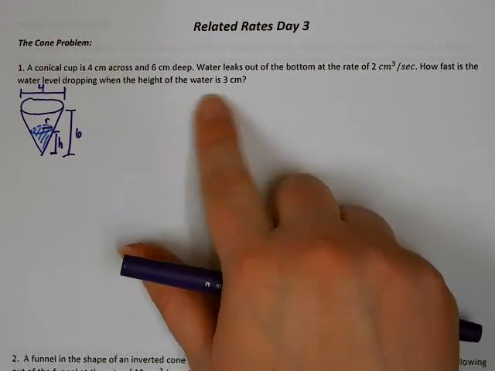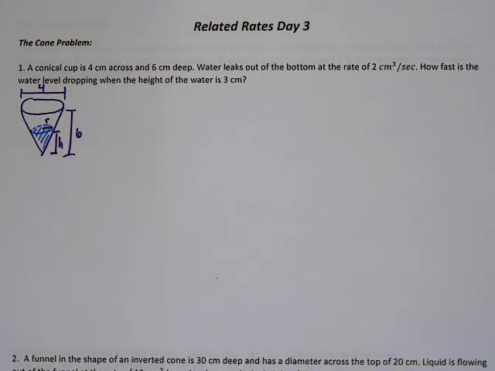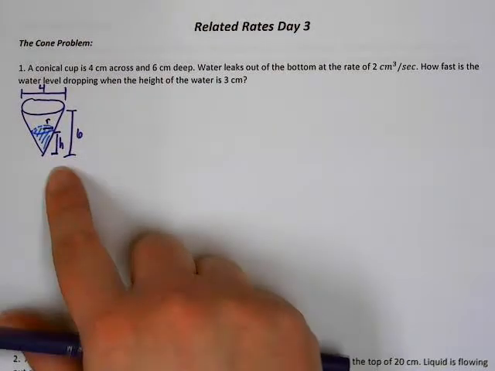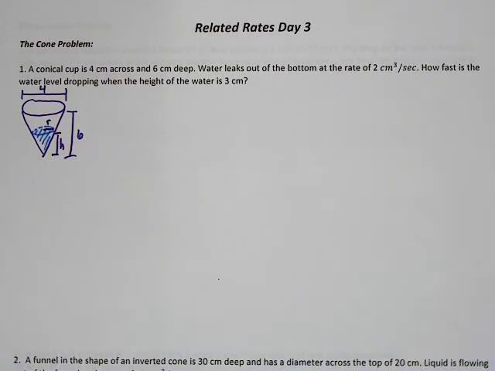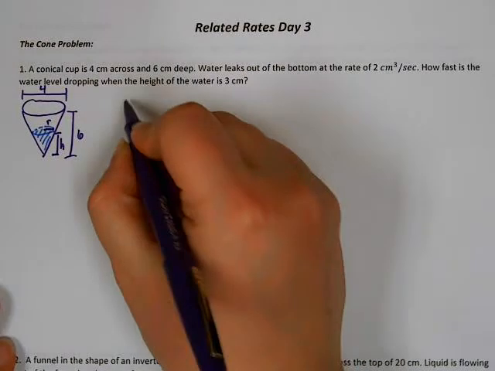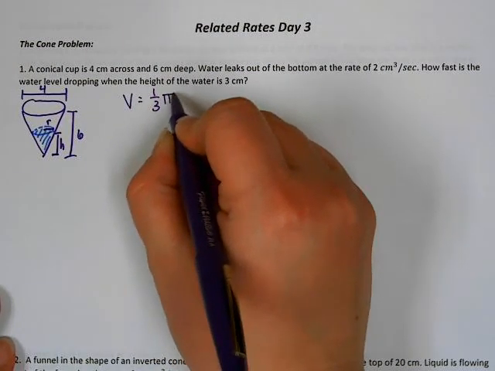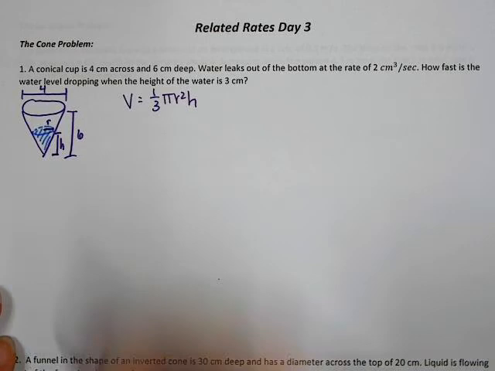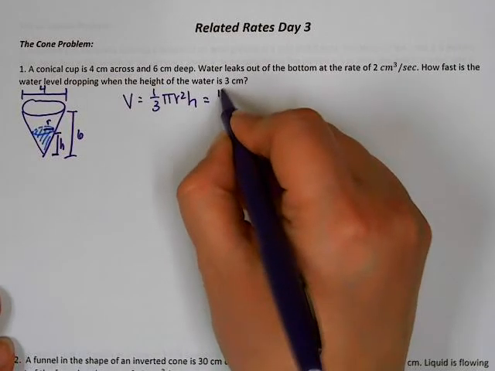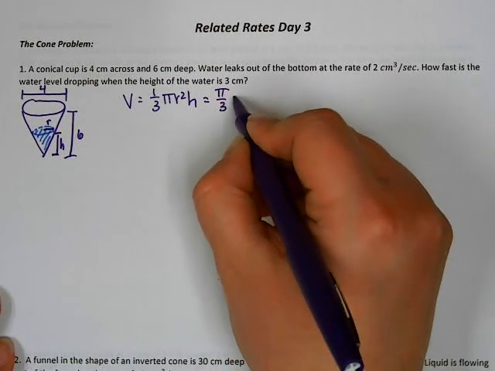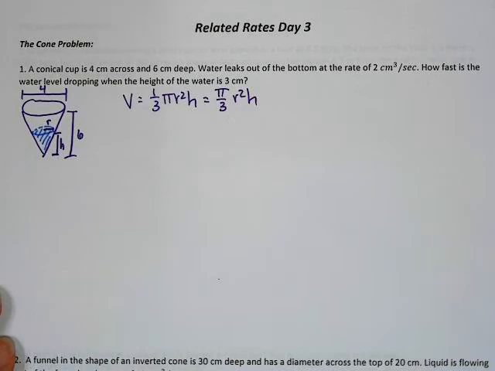We're looking at a specific point in time, but since those values are changing, we need to put R and H in there. Well, let's think about the volume of a cone. We know that the volume of a cone is 1/3 pi R squared H, which I'm going to write from now on as pi over 3 R squared H, so hopefully you guys are okay with that.